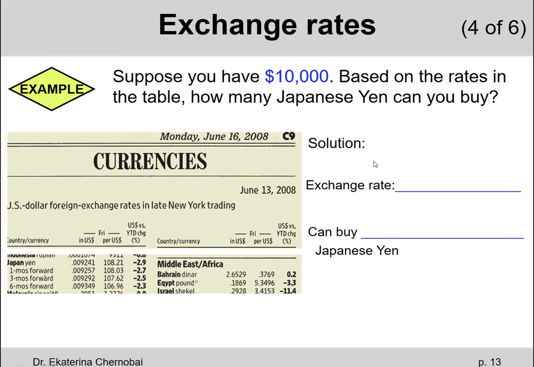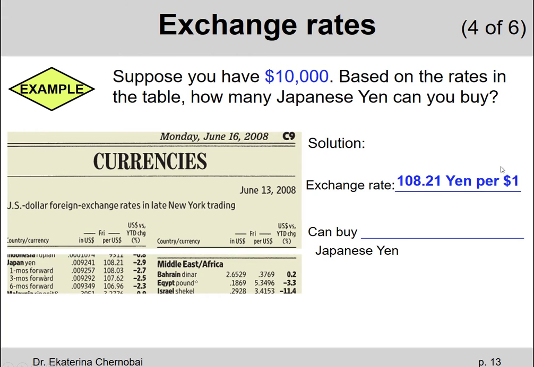So we can use either exchange rate, either from the first column in this table or from the second column, as long as you use it correctly. Let's say we are using 108.21 from the second column. Again, what does this number mean? It's yen per $1. 108.21 Japanese yen per 1 US dollar.